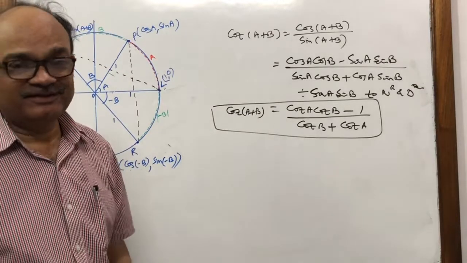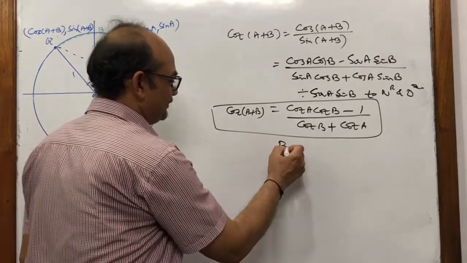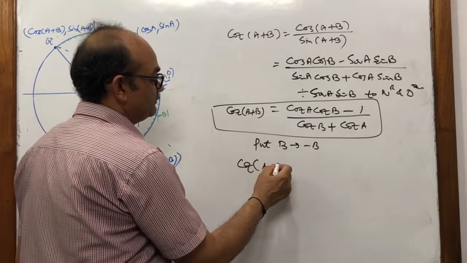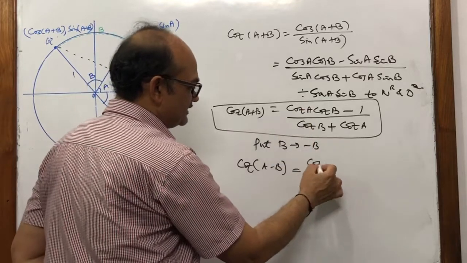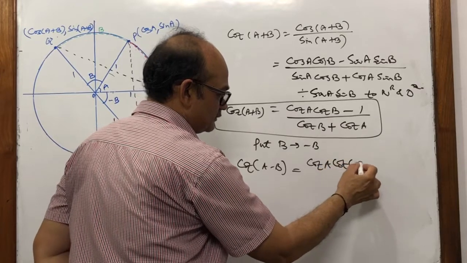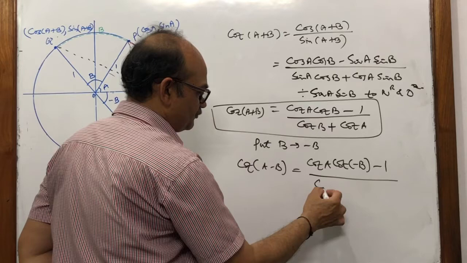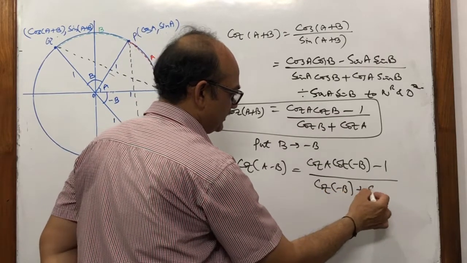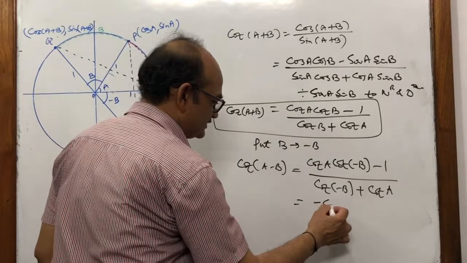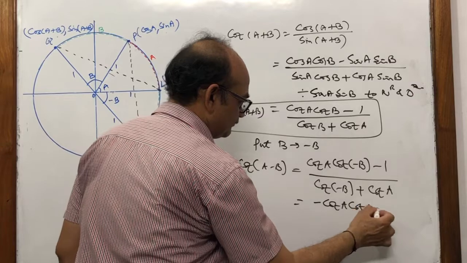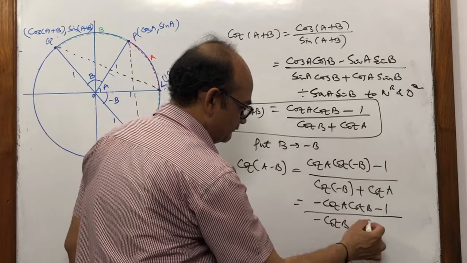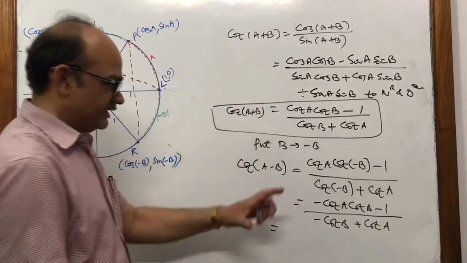If you want cot A minus B, a small change you know very well: shift B to minus B. What we are getting? Cot A minus B. This will become cot A as it is, but cot of minus B, again fourth quadrant. Now tell me, what is cot of minus B? Minus. So cot A cot B divided by minus cot A. Finally we can write in the proper form.